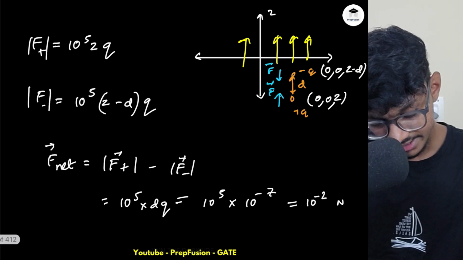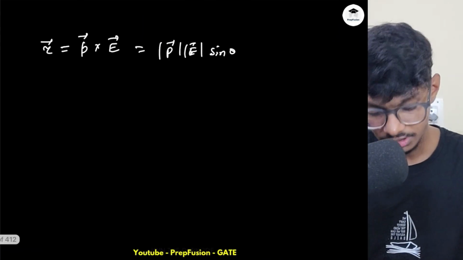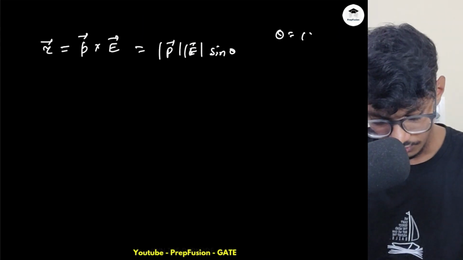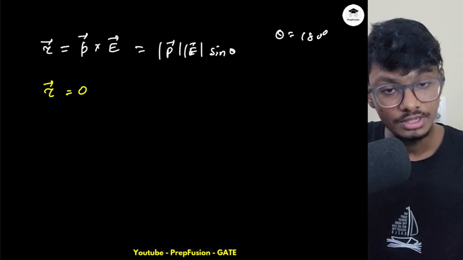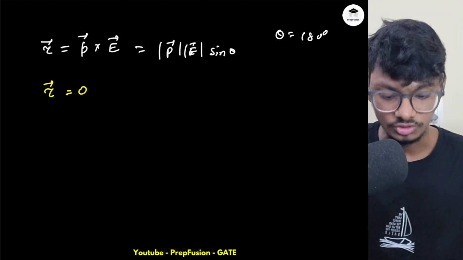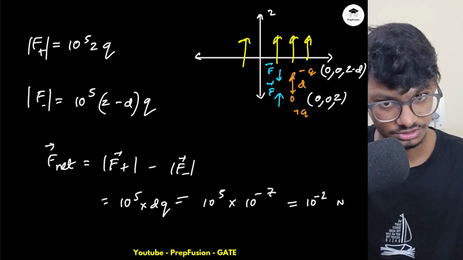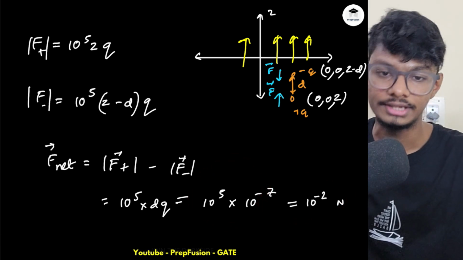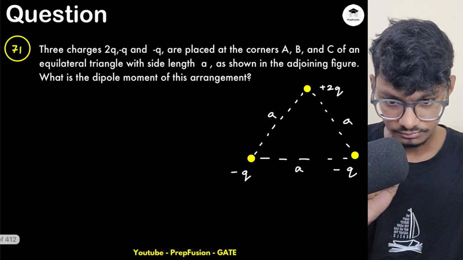So if this direction is along the negative z direction and this E direction is along positive z, theta is actually 180. Now if theta is 180, this torque will be simply 0. So there will be no net torque here, there will be a net force, which is a constant force. So the particle will keep on accelerating.